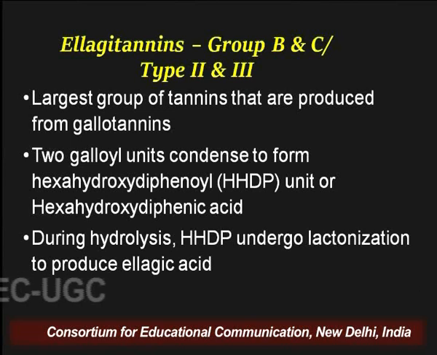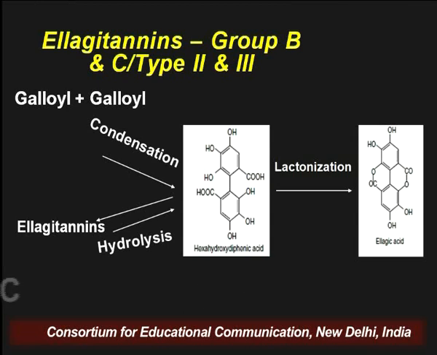Now, why they are known as ellagitannins is because when these ellagitannins get hydrolyzed, they give rise to a hexahydroxydiphenic acid unit. You can see in the slide two galloyl units condense to form hexahydroxydiphenic acid. This acid further polymerizes to give rise to ellagitannins, and these on hydrolysis give back a hexahydroxydiphenic acid molecule, which undergoes lactonization to give ellagic acid, and that is why these tannins are known as ellagitannins.